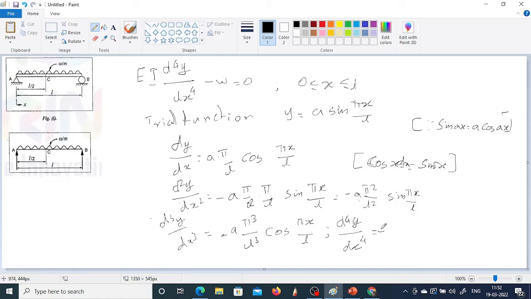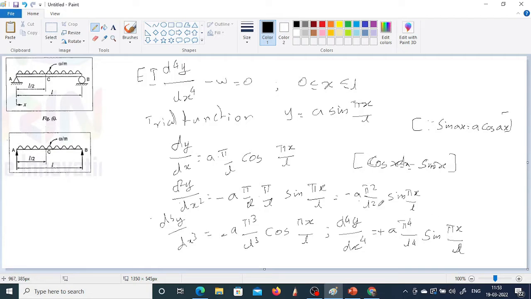So here plus a π⁴/L⁴ sin(πx/L), which is the fourth differentiation of the given trial function.